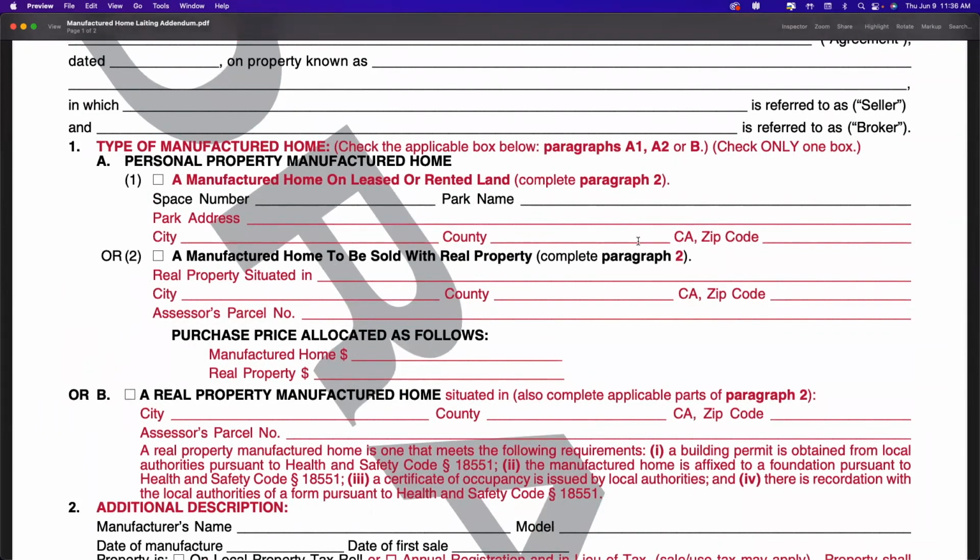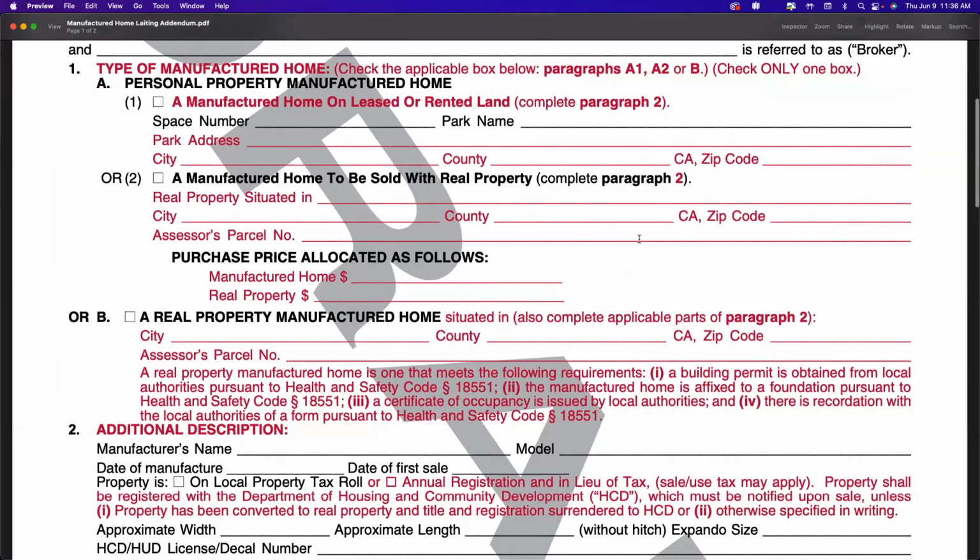It broke it up. So you have manufactured home on rented land, manufactured home to be sold with real property, and a real property manufactured home. Those are two separate things. There is a mobile home that you're selling with a plot of land, which is really kind of taxed as vacant land, and it has the breakdown here of how much the value of the manufactured home is and how much the value is of the actual real property.